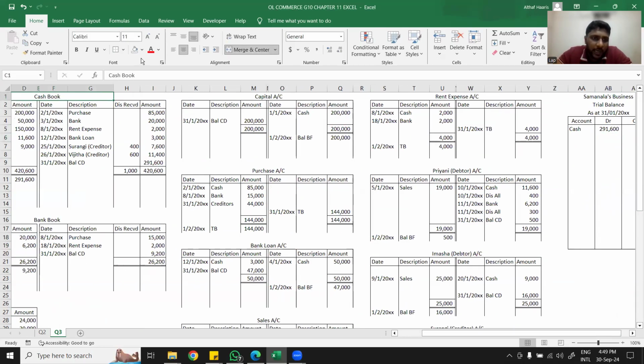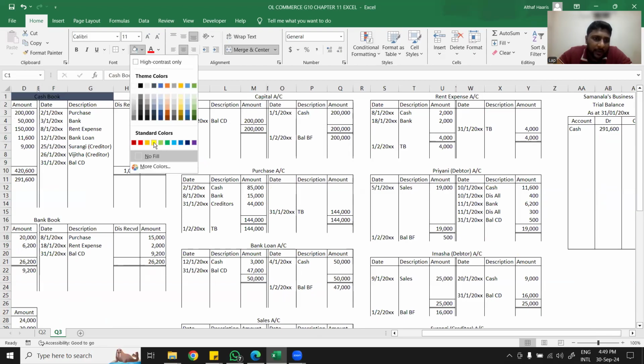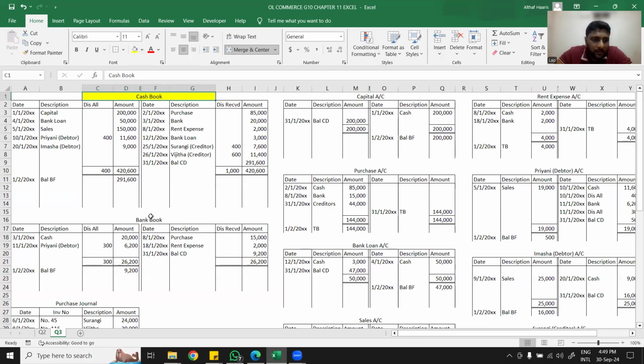So cash account done. Let's take one by one. Then take bank account here. See, you have to take after the double lines, not before the double lines. After the double lines is there in the debit side. 9,200. Bank.